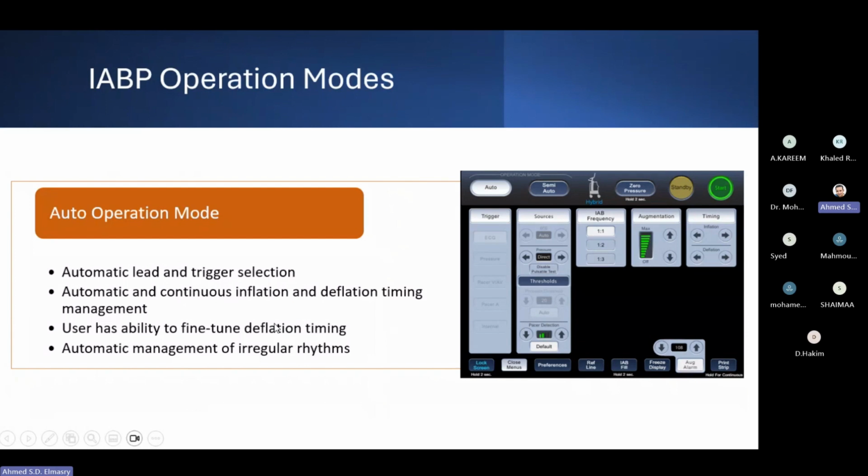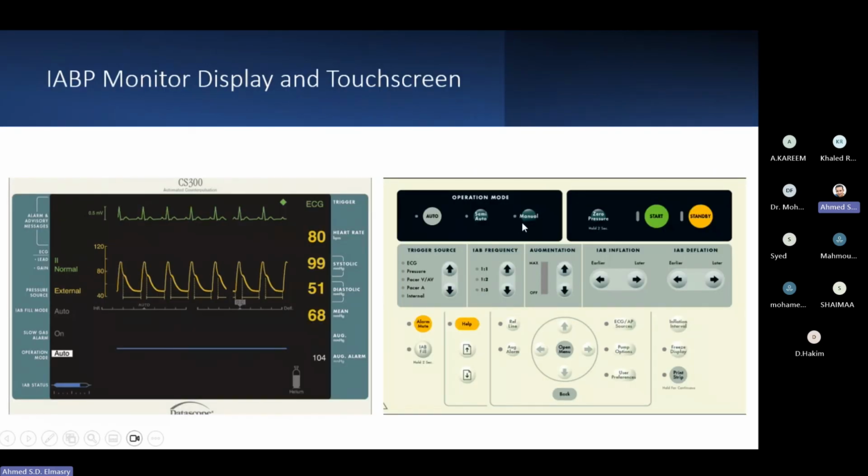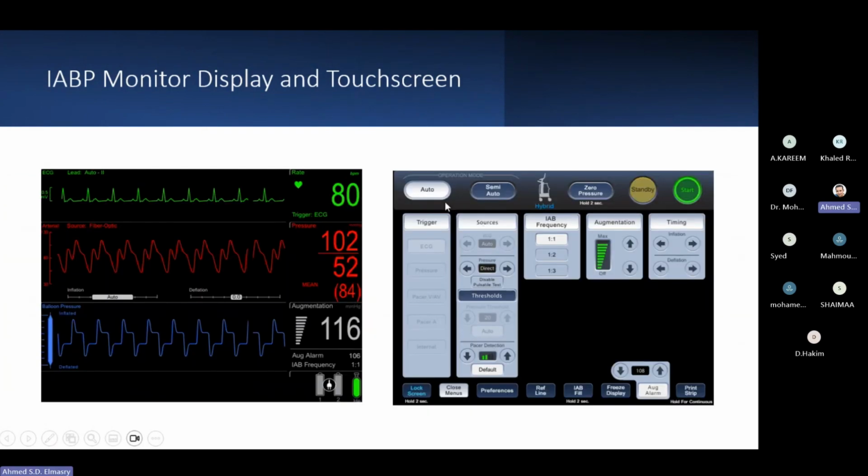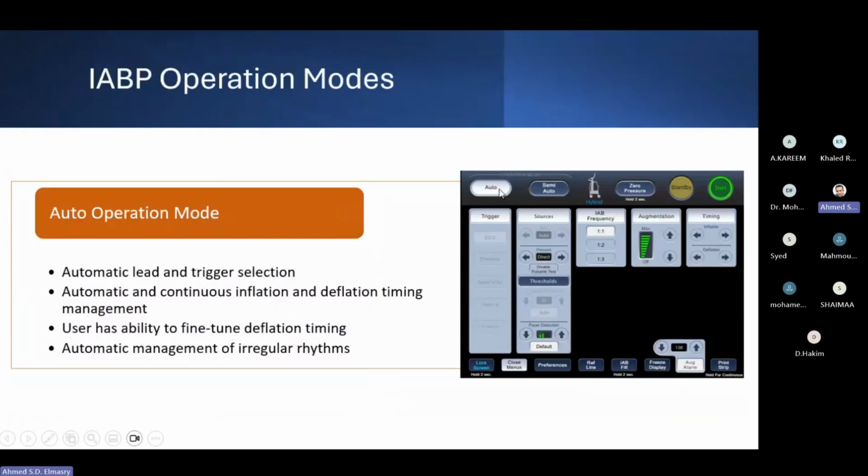To run the intra-aortic balloon, you will have different modes, which are called the operational modes. You will have the auto mode, the semi-auto mode, and here you will have the manual mode. The manual mode is mainly used in pediatric cases, and in adults, we mainly use the auto mode.